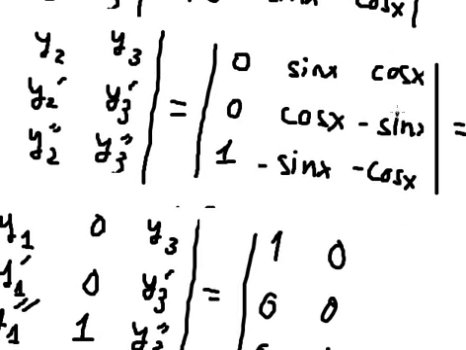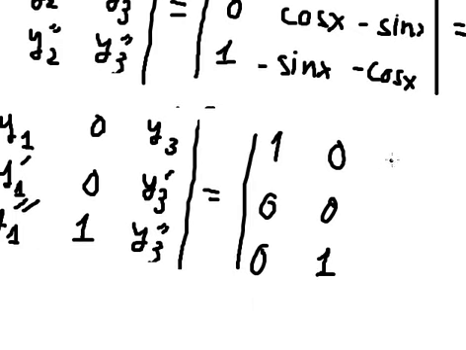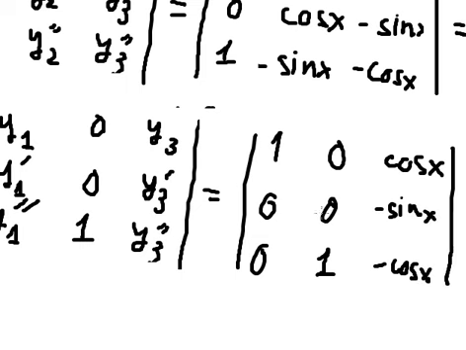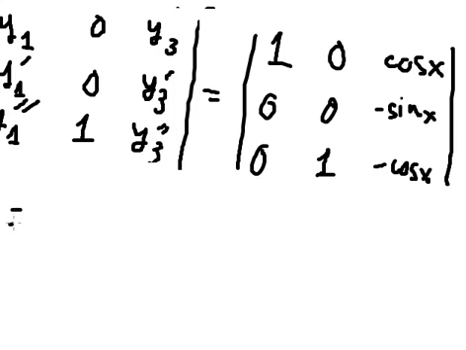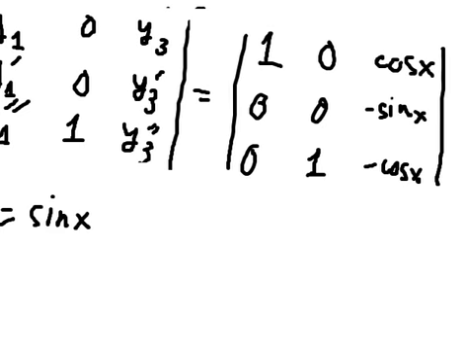The next one cosine x, minus sin x, minus cosine x. So for the first one, number 1, multiply this matrix. So this one we have sin x. Because we have number 0 in here, so the middle matrix you got number 0. This one cosine x, you can see that this one you got number 0, so we have sin x.